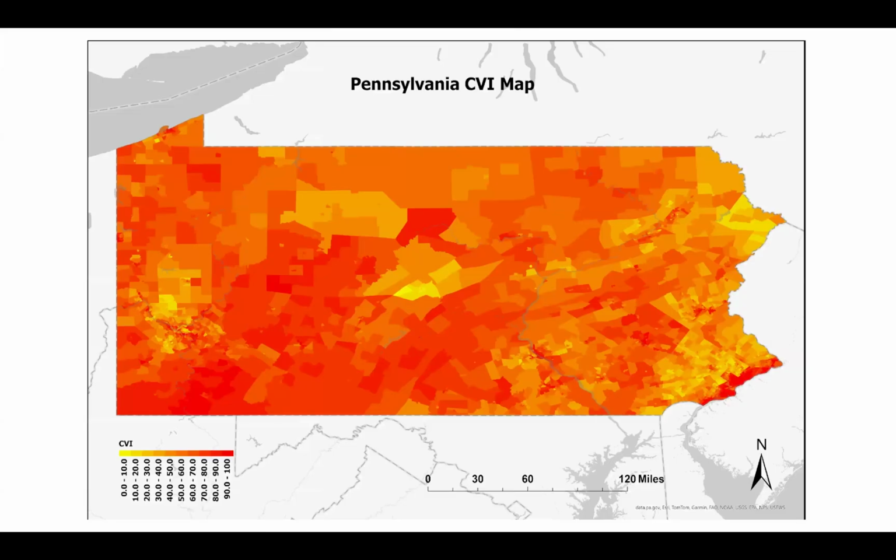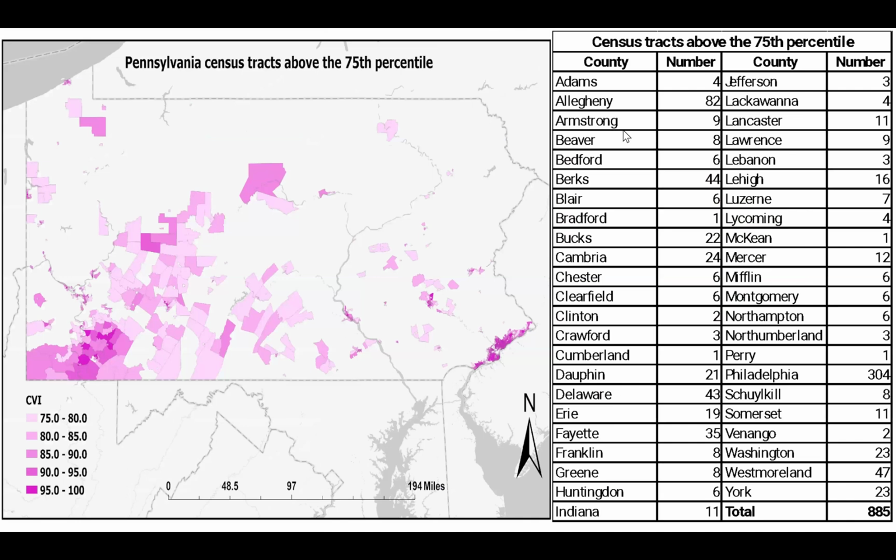When you go to Pennsylvania, this may not give us a big clue, but when we break down the 75 percentile, it shows you where those areas with the highest scores are.